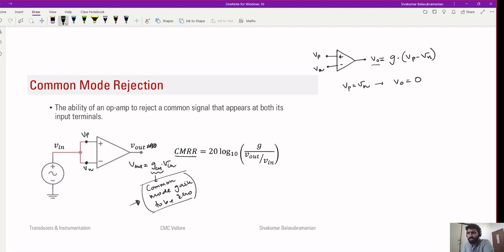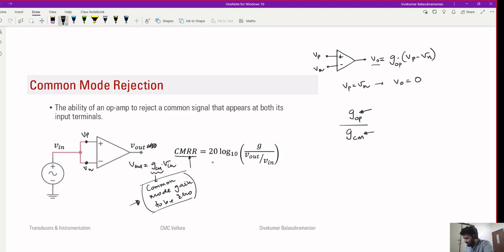So whenever you take the specification for an op amp, you will often see the CMRR being mentioned, and you ideally want the CMRR to be very high, because the CMRR is defined to be the ratio of the open loop gain of the amplifier divided by the common mode gain.